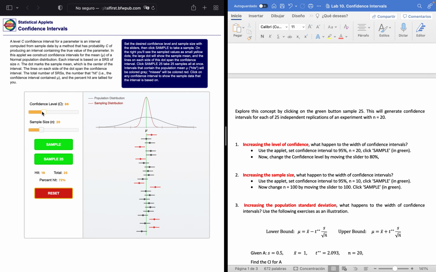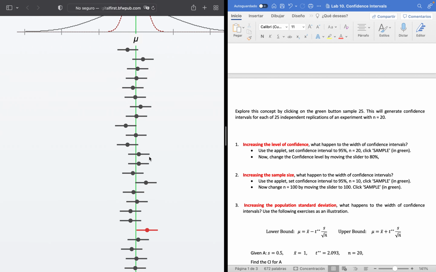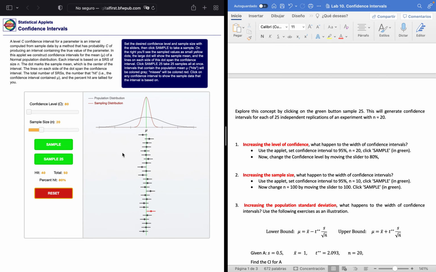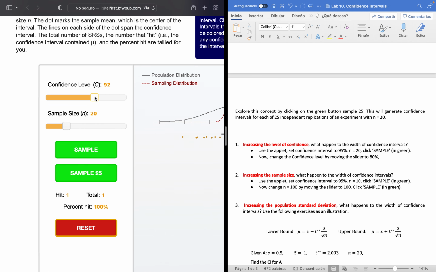Now I change the confidence level to 80 and generate 25, and it seems like the width of the intervals has been reduced. You see that? We can see this better with one interval, and now change it to 95%.